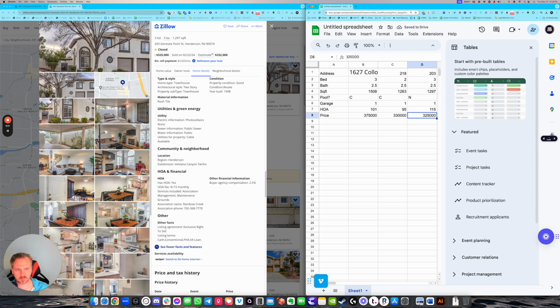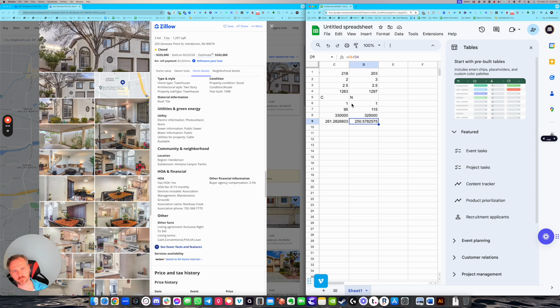So if we look at this, it's actually interesting. The one with no community pool is actually a little bit more. So one thing we can do is price per square foot equals this divided by this. Okay, that actually makes a bit of sense here.